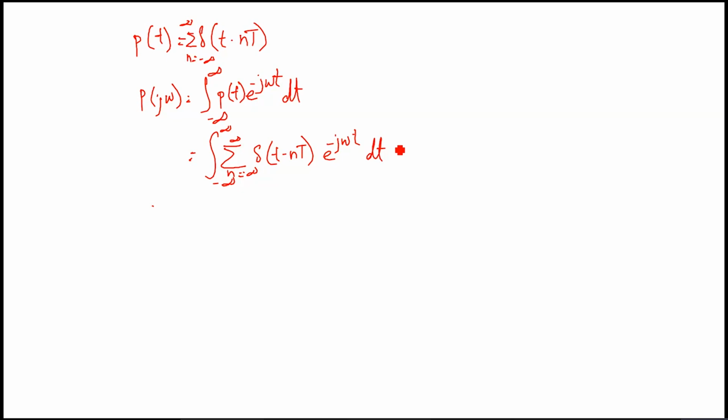Now inside the integral, if you have a delta, then the end result would be just the value that you see at the delta point. Now this delta function is going to be 1 at t equal to a multiple n of the time period T. Only at that point it will be 1.